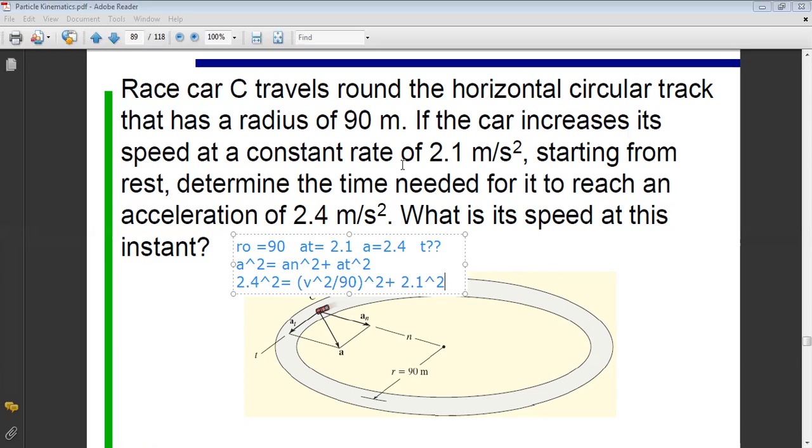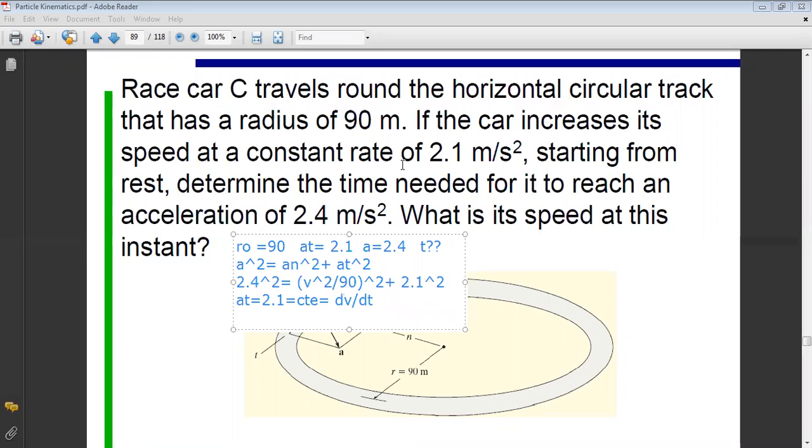What is v as a function of time here? How to get v as a function of time? They gave us at is 2.1, which is a constant. They said it's constant, okay? And at represents what? It's dv over dt. So now I can integrate, or directly use the equation for constant acceleration.